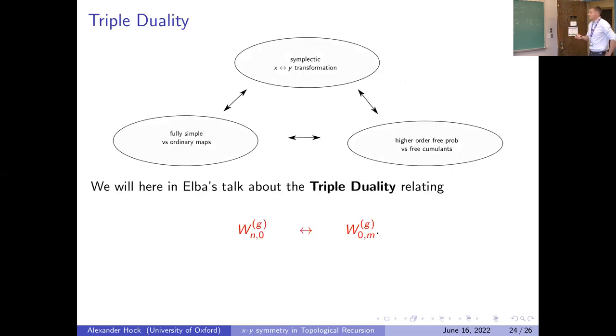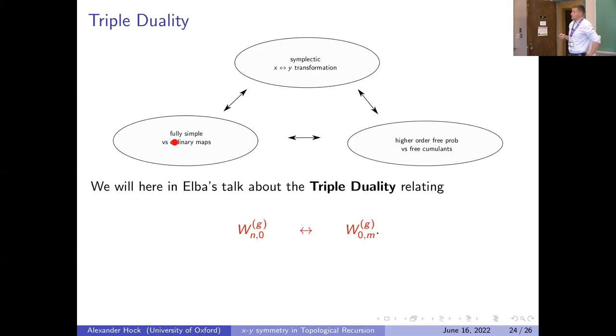Okay, and then I had to include some additional thing because I guess Elba will talk about that tomorrow. She will talk about this triple duality. So this symplectic invariance, this XY symmetry and topological recursion is here, where this functional relation in most of the cases holds with what I showed you.